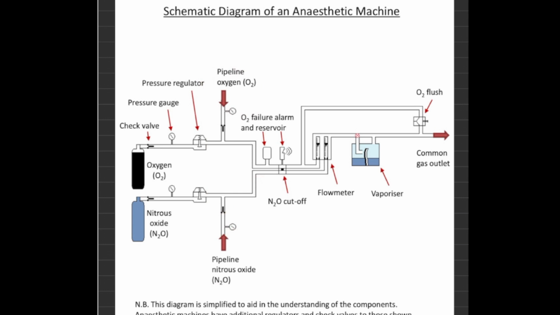Then we have oxygen pressure failure devices, the oxygen flush opening to the common gas outlet, and flow adjustment control knobs. Up till here we have the intermediate pressure system. Flow meters, vaporizer, common gas outlet and a pressure relief device all come under the low pressure system.